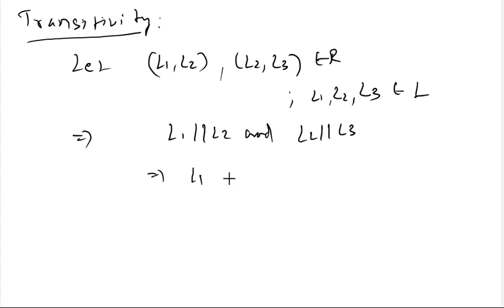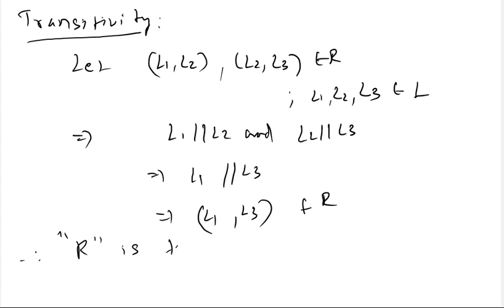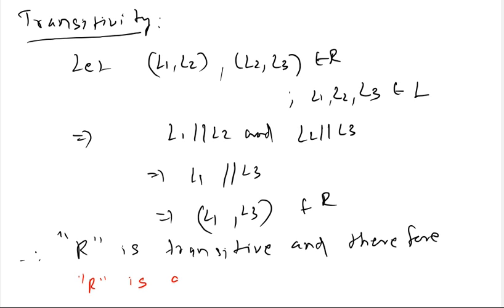This implies L1 is parallel to L3, then (L1, L3) belongs to R, and this shows that the relation R is transitive, and therefore the relation R is an equivalence relation.